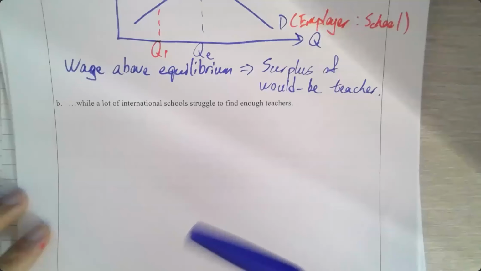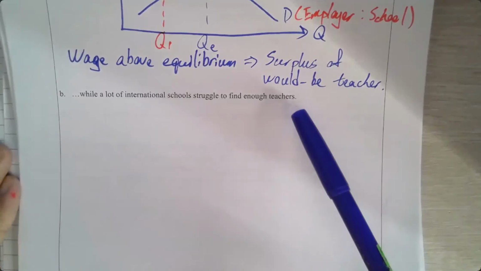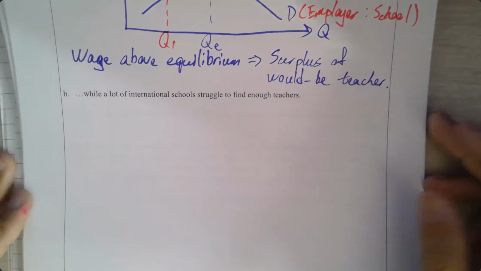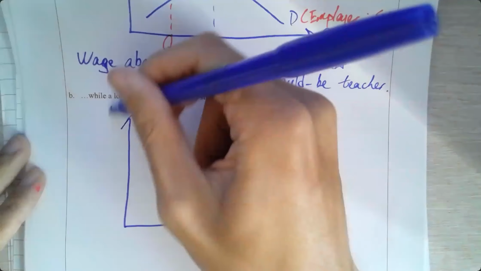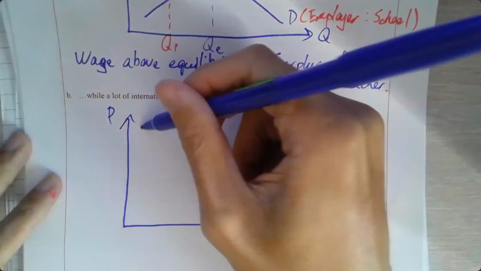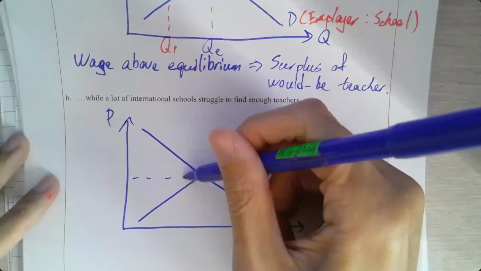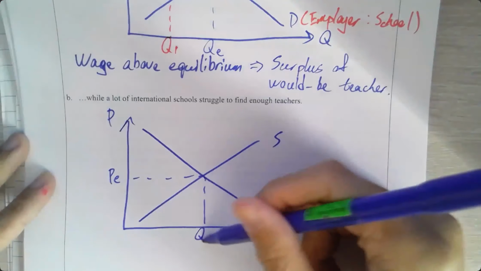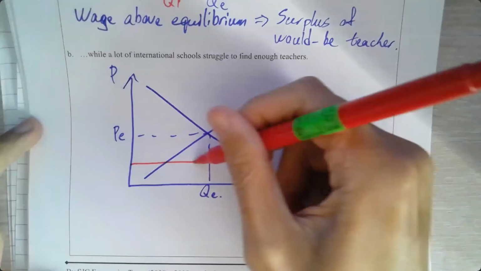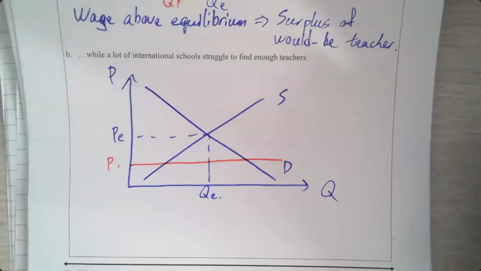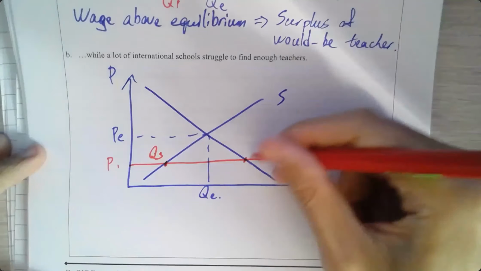啦。While a lot of international schools struggle to find enough teachers，反而咧 international school 咧就揾唔夠老師喎。So the situation, if you have been paying attention, I think you should know it is just the opposite of part A. Again, let's give ourselves the reference point, PE and QE。好啦，原來呀，喺 I school 咧 the wages are too low，人工唔夠高啊。Now therefore you will see that QS is right here, QD is right here.